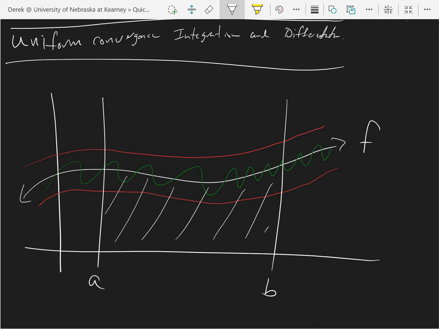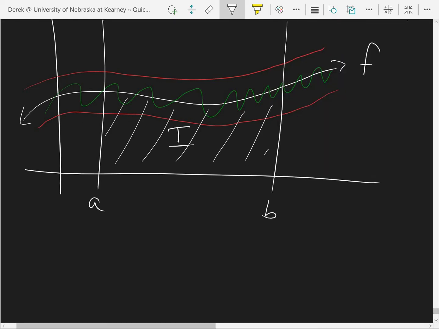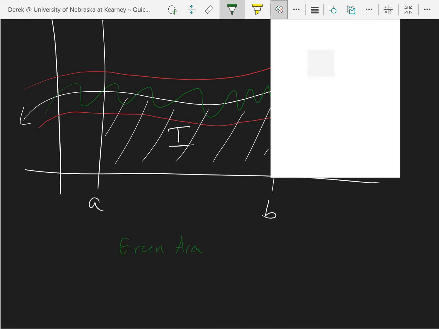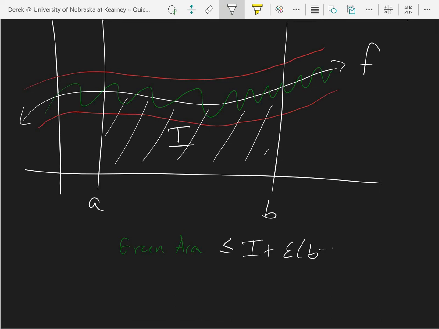Well, if the area under the curve of f is finite, I can get at most the area under the curve plus epsilon times b minus a, and I have to have at least the area under the white curve, let's call it I. So the green area has to fall between I plus epsilon times b minus a and I minus epsilon times b minus a.